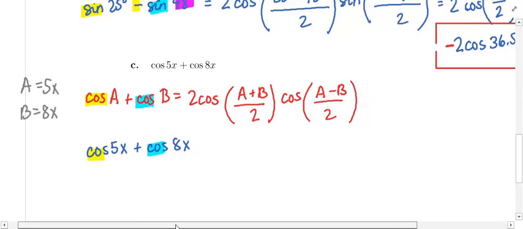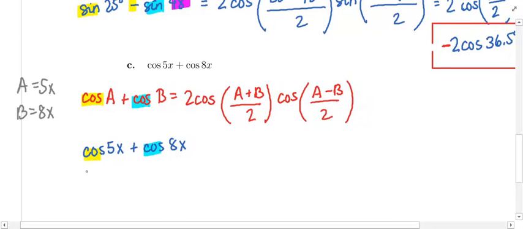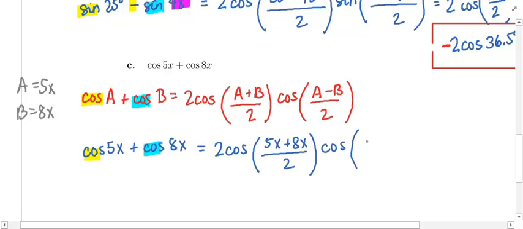There are no numbers to adjust for. We can just figure out what our expression equals according to the recipe given by the right side of the red identity. So this is going to be 2 times the cosine of A plus B over 2, that's 5x plus 8x over 2, times the cosine of A minus B over 2, so that'll be 5x minus 8x over 2.